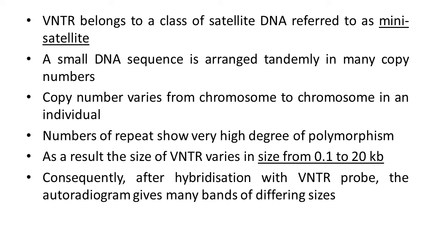This copy number varies from chromosome to chromosome in an individual. We know that in human beings 23 pairs of chromosomes are there, from chromosome number 1 to 23. The first 22, chromosome number 1 to 22, are autosomes, and the 23rd pair of chromosomes in humans is the sex chromosome.